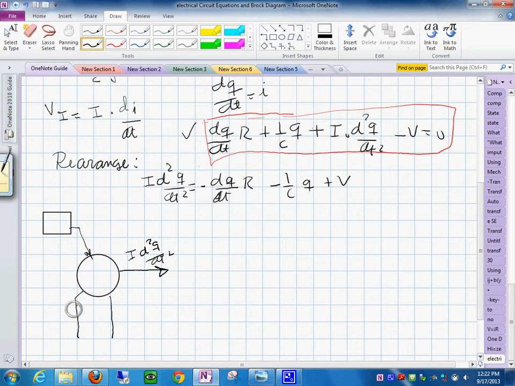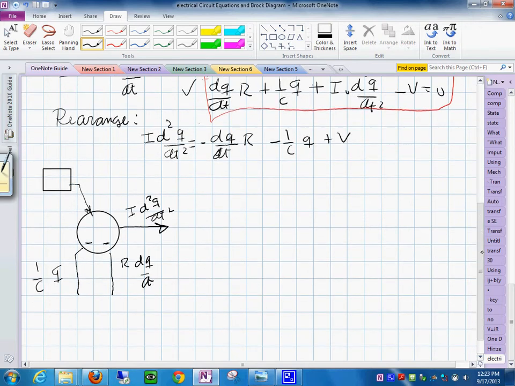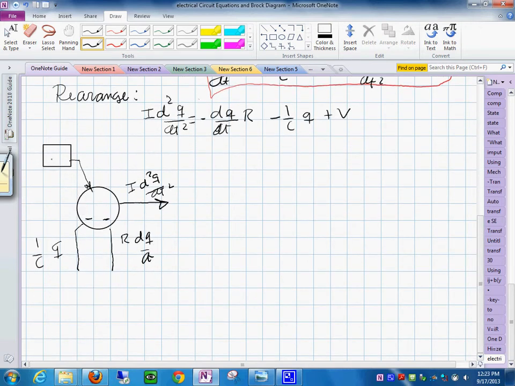This is with minus and minus, R times dq dt, and this would be 1 over C times Q. So this is how we start here. This is the voltage here.